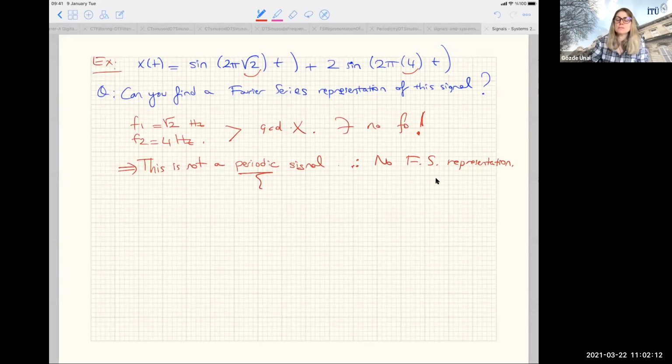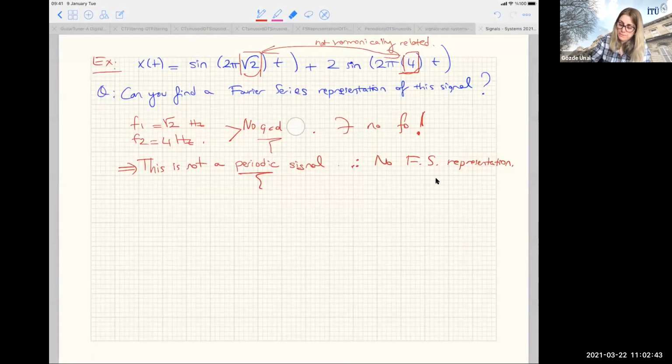But you see this, right? What I'm saying here. These are not harmonically related. There is, of course, an irrational number here, guys. A frequency is an irrational number. There is no greatest common divisor of F1 and F2.